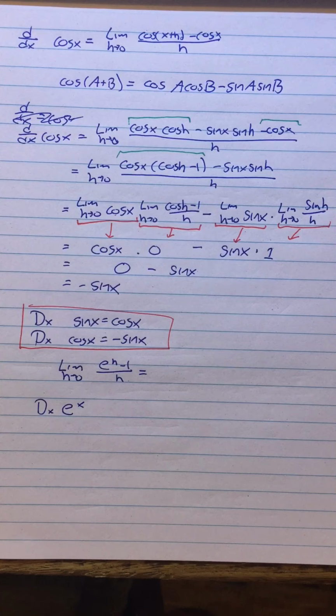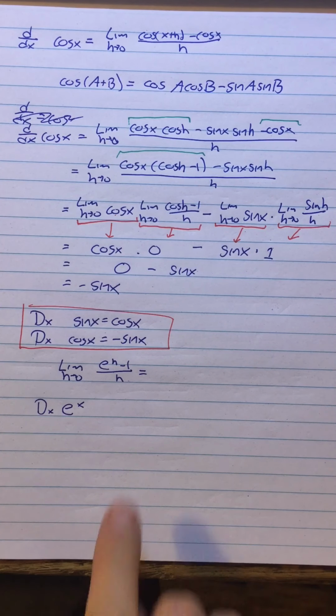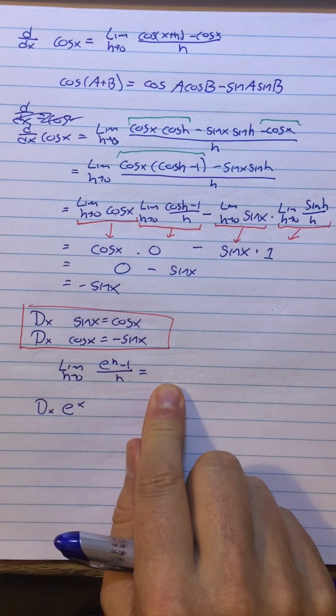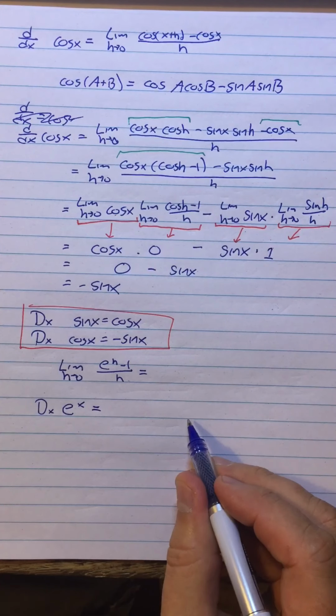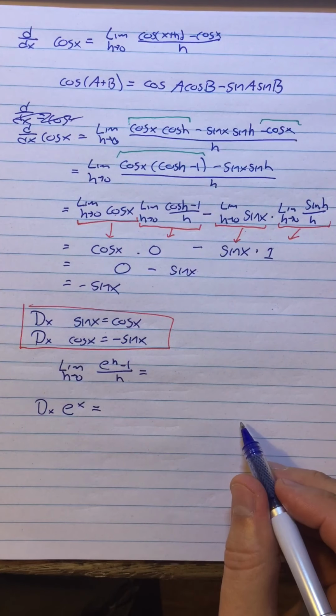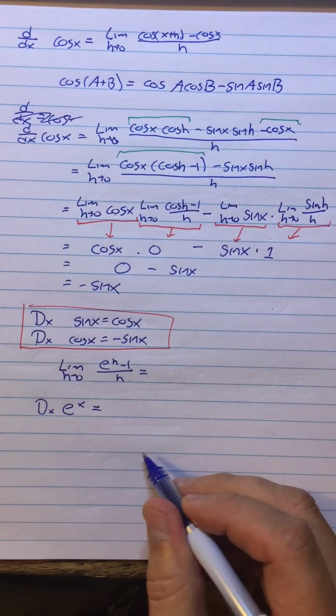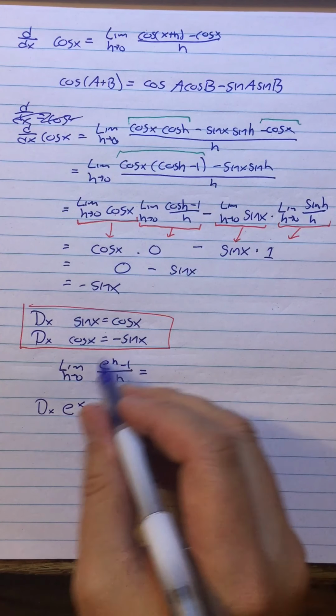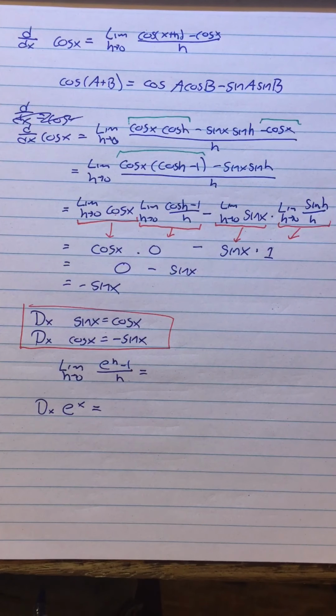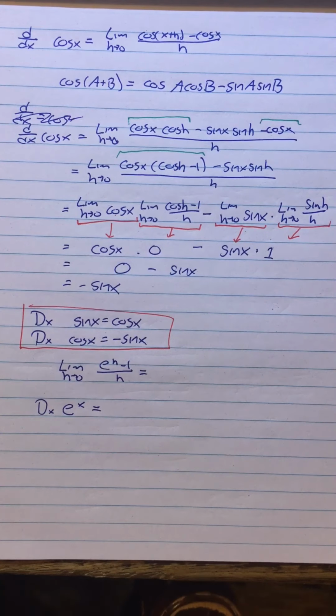And for people who really want to stretch their brains, okay, figure out this limit by looking at the graph. For derivative of e to the x, what are you going to write for your first step? What's your limit statement? How do you think you can break up that limit statement and factor something, get something that looks like this, and solve that? See if you can take a stab at that on your own. If not, it's okay. Just wait and watch. We'll do that in the next video.